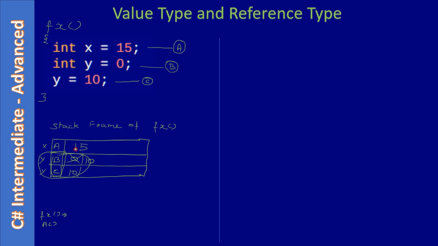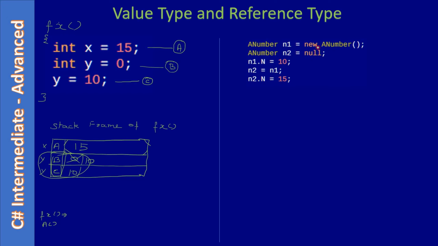So this is what value type means. The memory content contains the actual value. Previously it was 0, then it got replaced by 10 by executing statement c. So this is value type, and the values are directly stored in the stack frame.